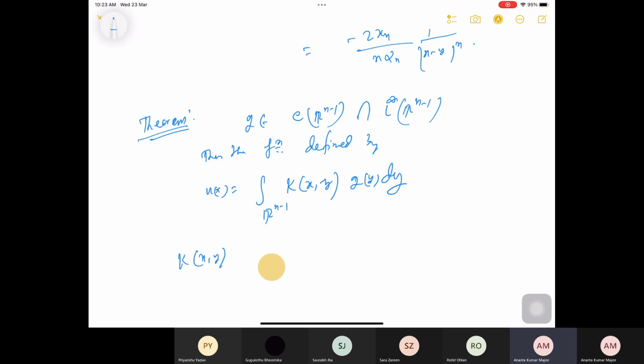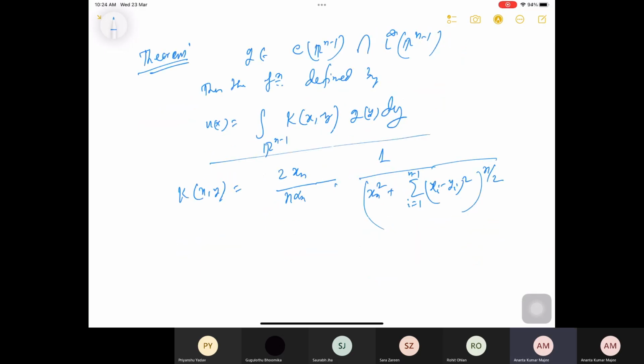I am defining K(x,y) to be 2x_n by nα_n, and then 1 by (x_n squared plus summation over i equal to 1 to n minus 1 of (x_i minus y_i) squared) whole to the power n by 2.